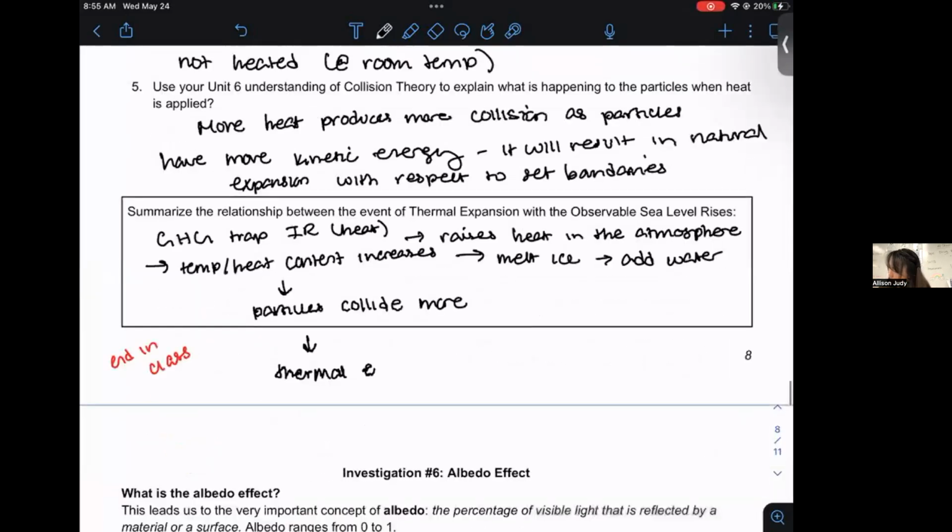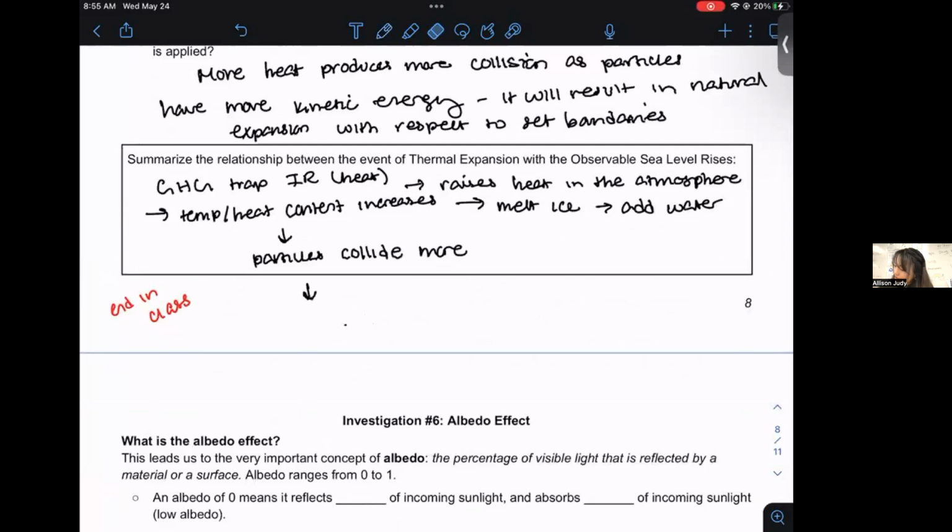Oh, gee willikers. I'm writing too low. Thermal expansion. And that together, if you connect these two, both contribute to sea level rise.